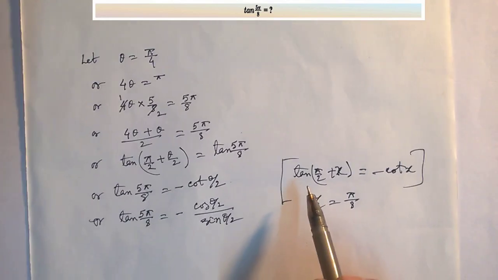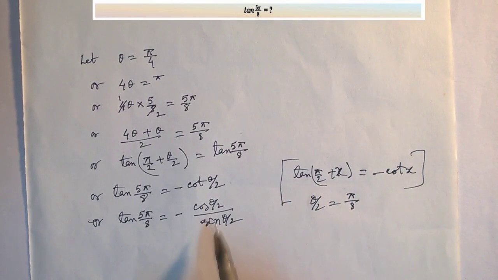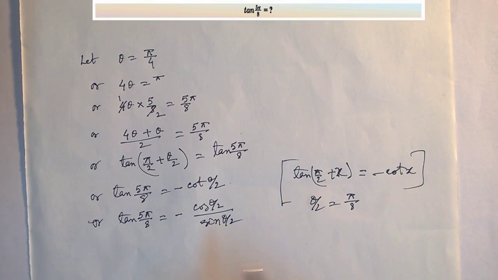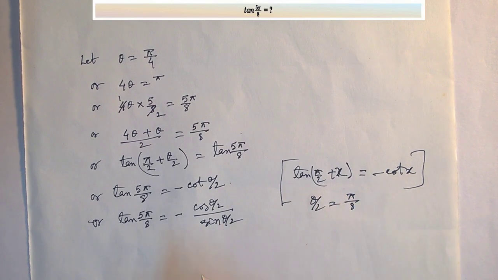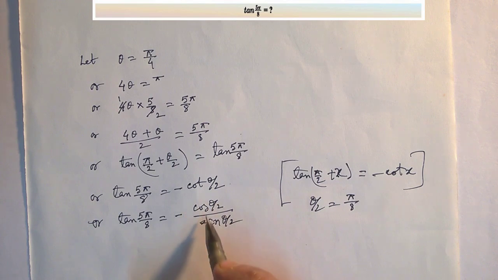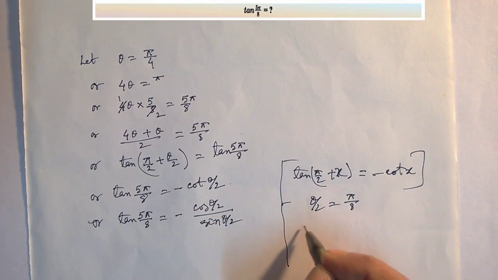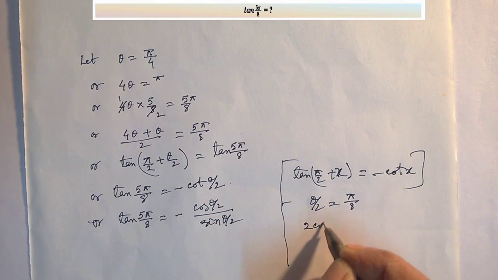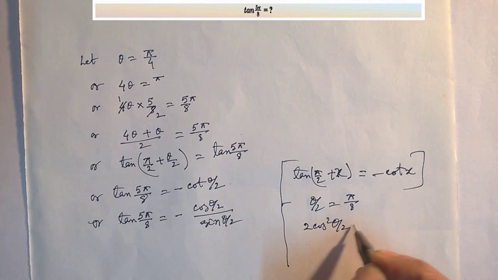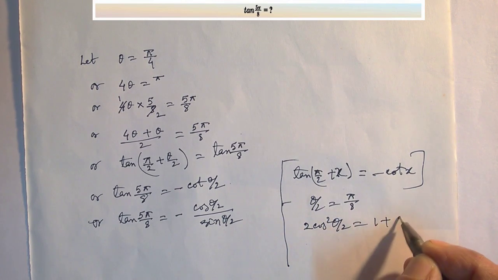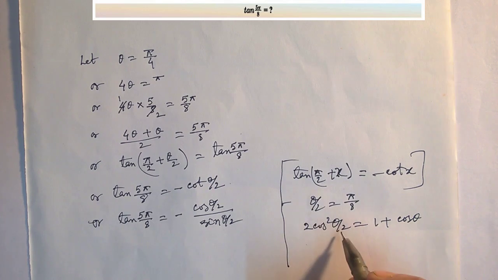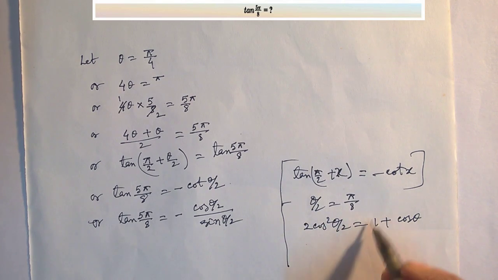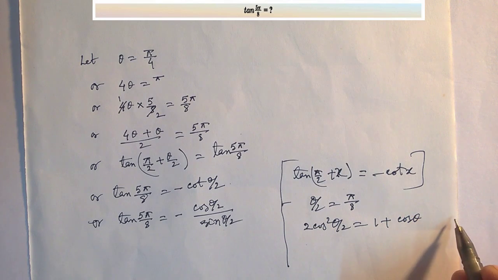We know the values of cos, sin of pi by 4, but we do not know the standard value of pi by 8. So use the trigonometric formula: 2 cos square theta by 2 is equal to 1 plus cos theta. Here theta is equal to pi by 4 and theta by 2 is equal to pi by 8. Obviously we know the value of cos pi by 4.